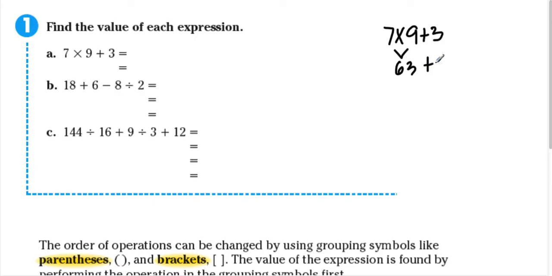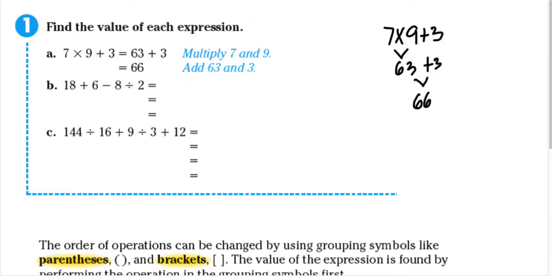And we simply brought down the 3, and that becomes 66. Exactly what we did here. We multiply 7 times 9 first, which gives you 63, and then add 3, which will give you 66.